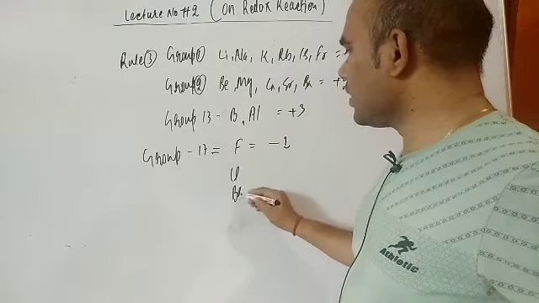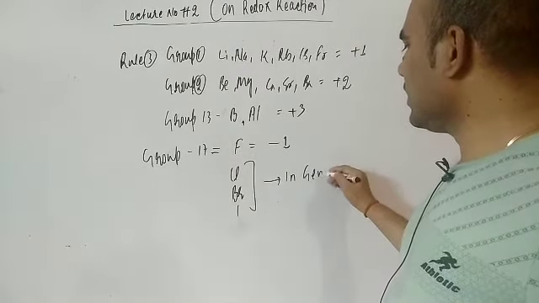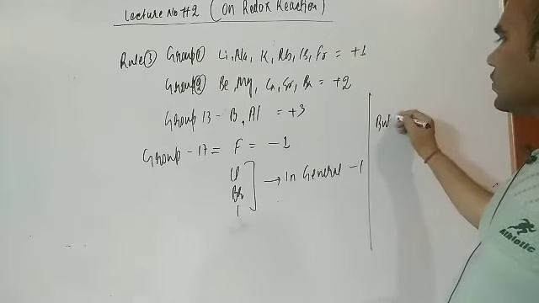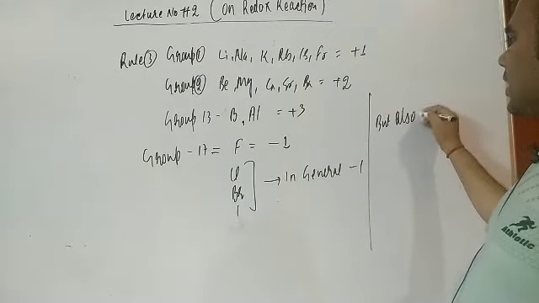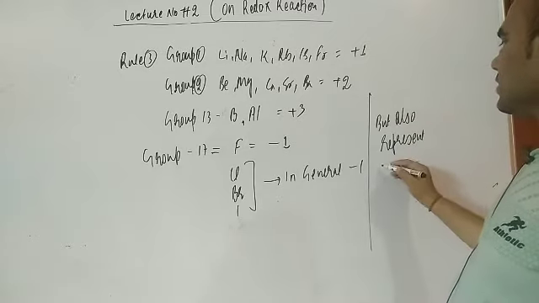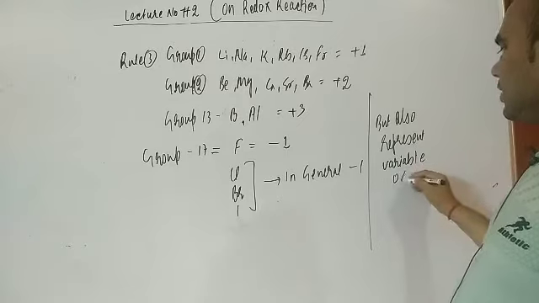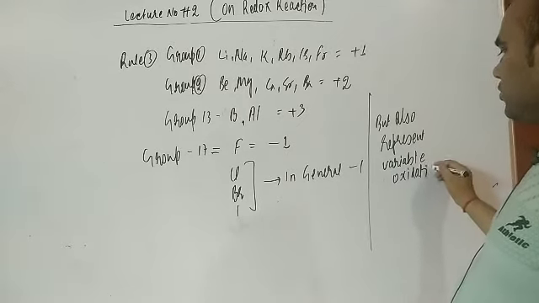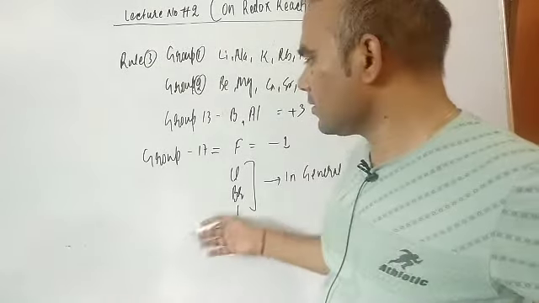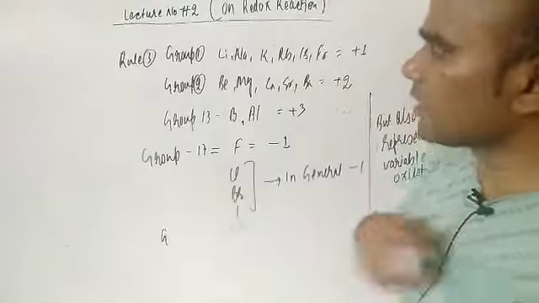Chlorine, bromine, iodine, in general, are -1, but they also represent variable oxidation states, which you have to calculate. You need not memorize this. Oxygen we already explained. Nitrogen also has variable oxidation states.